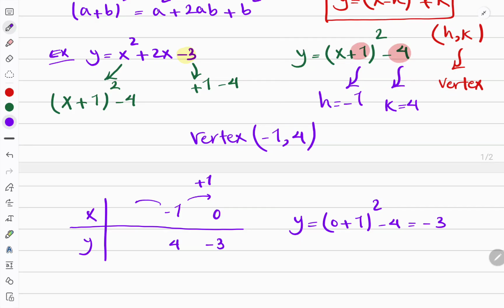And negative 1 minus 1 is negative 2. So the answer would be exactly the same, negative 3. But if you like, you can calculate it. Negative 2 plus 1 squared minus 4: negative 1 squared is 1, minus 4, negative 3, which is exactly the same.